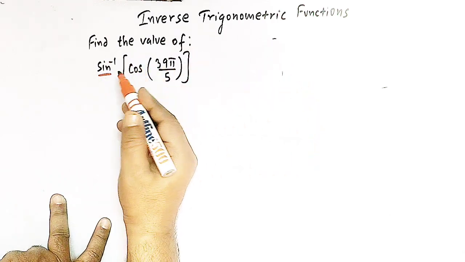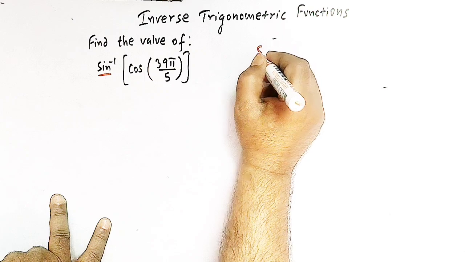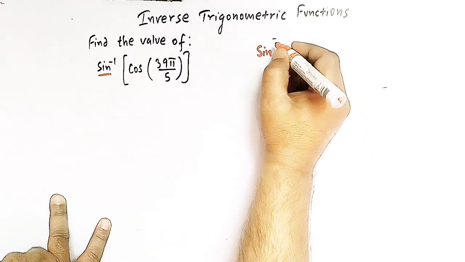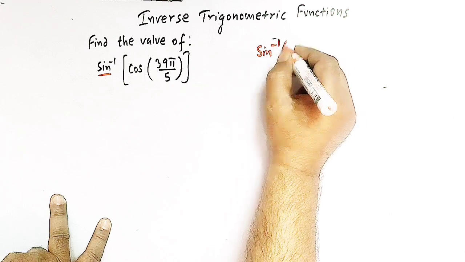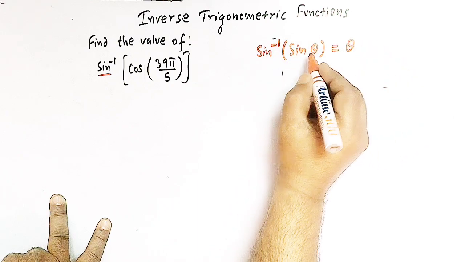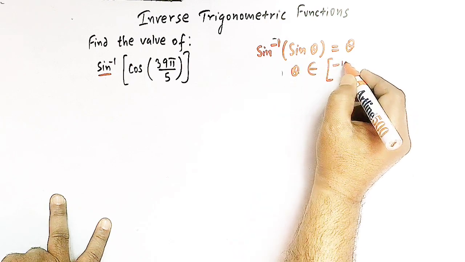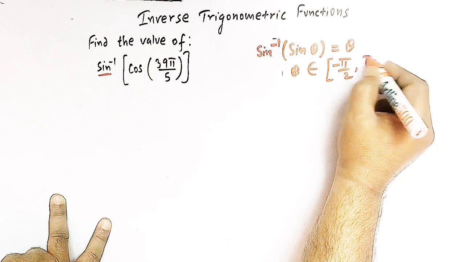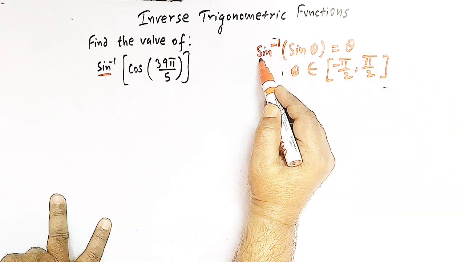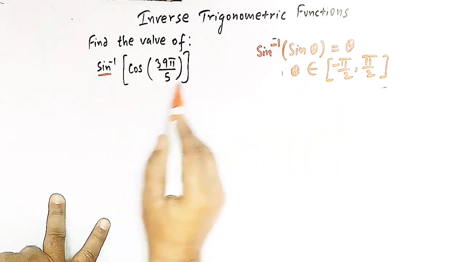So to find out the value of these type of expressions, we usually make use of this property of sine inverse function, that is sine inverse of sine theta is equal to theta, provided this theta belongs to the interval that is minus pi by 2 to pi by 2, right? So here we'll make use of this property to find out the value of this expression.